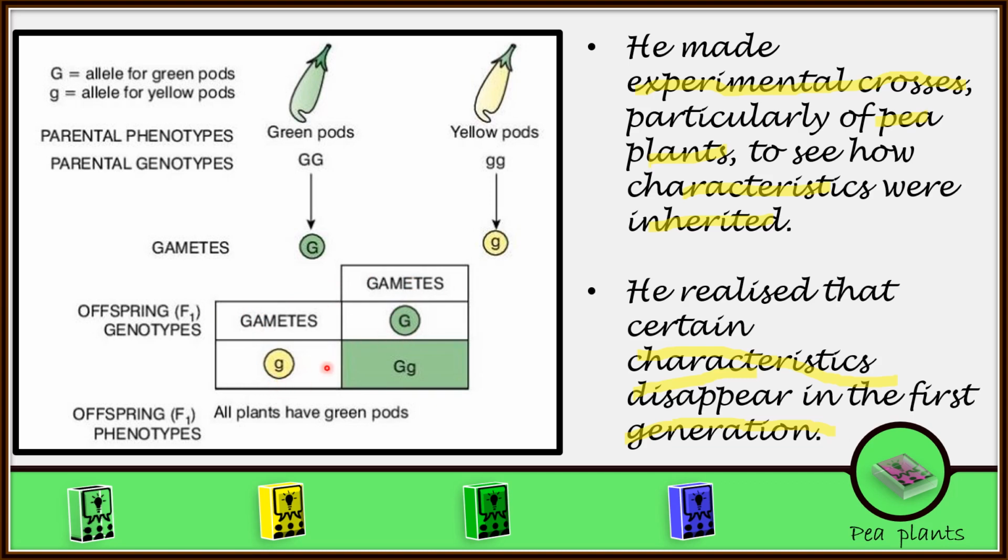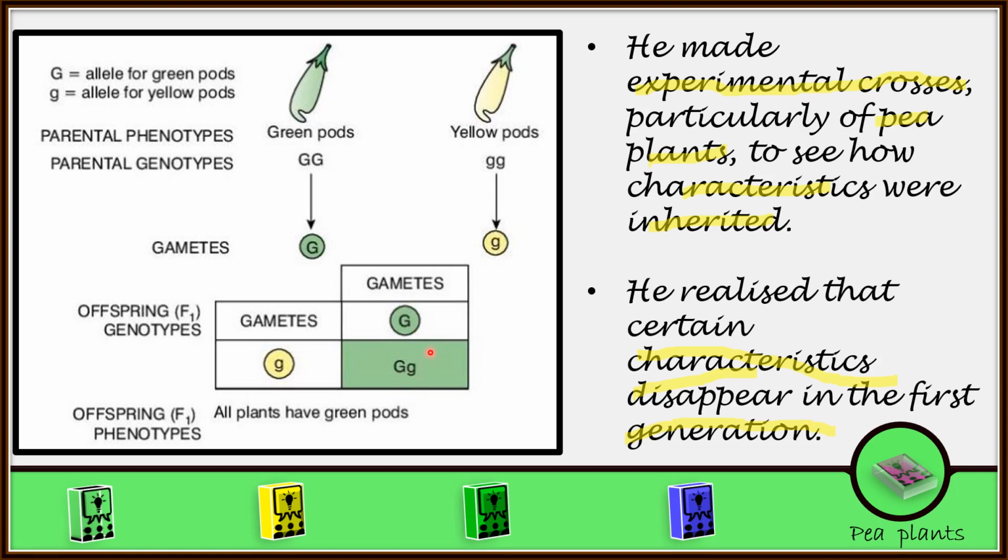Now when you cross these gametes, we get the genotype of the F1 offspring, which is capital G, small g. This one is now heterozygous.